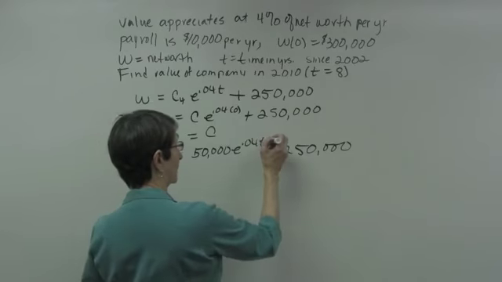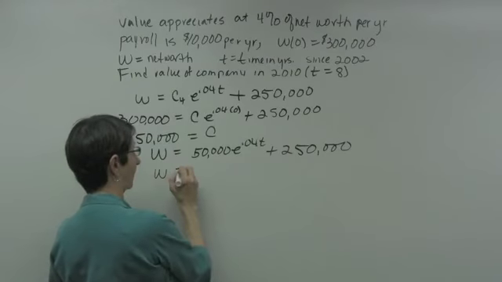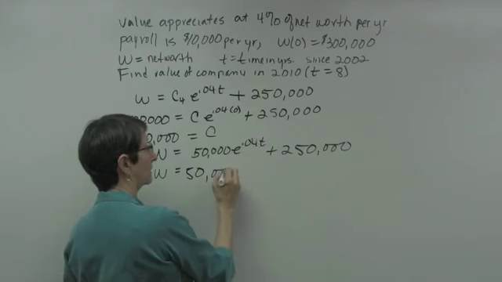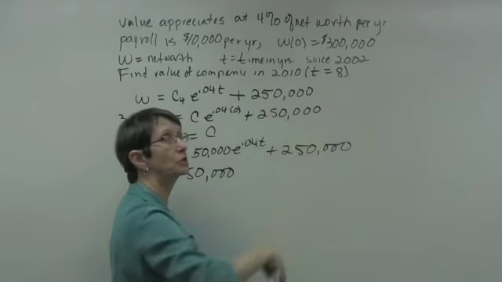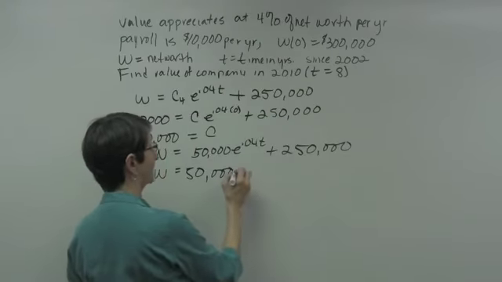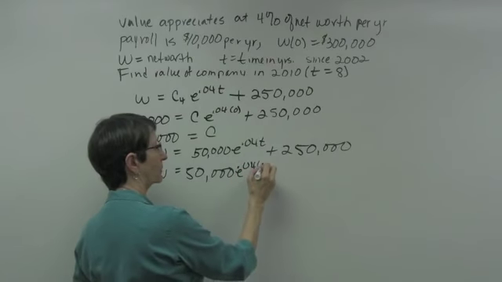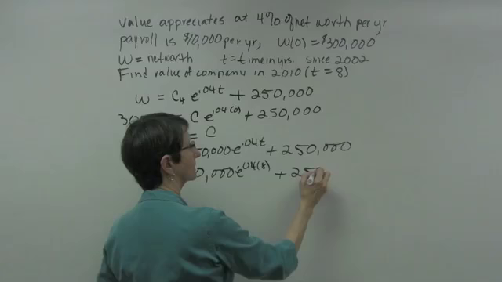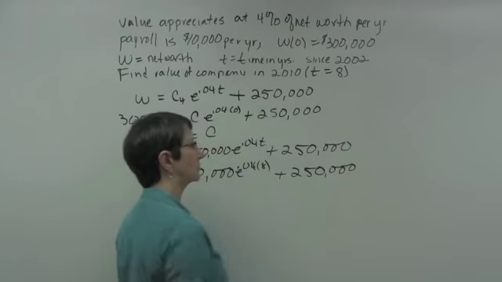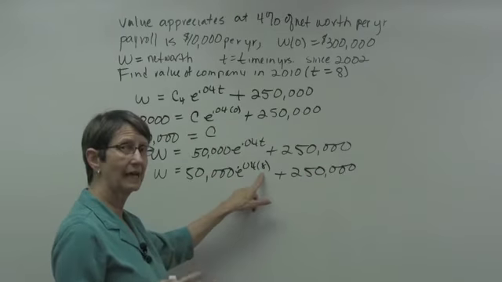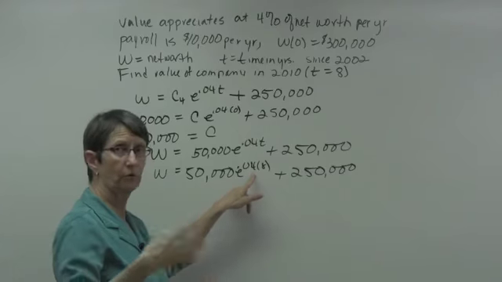And if we let T equal 8, because we said that in 2010, which is the year we want to know, time is 8, it's e to the 0.04 times 8, multiplied by 50,000, plus 250,000. It usually works pretty well if you start with the 8 times 0.04.